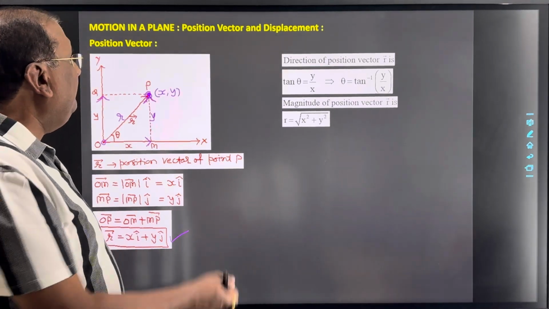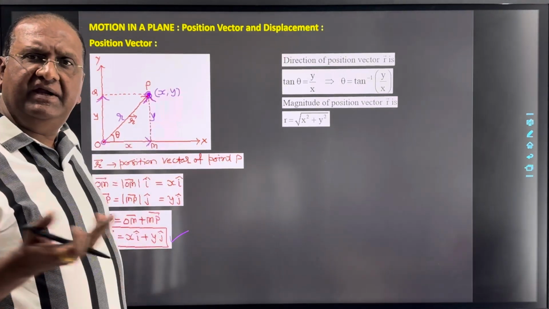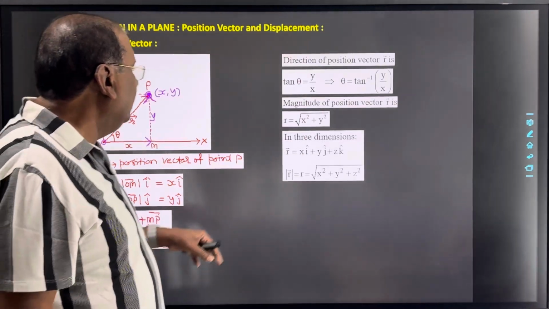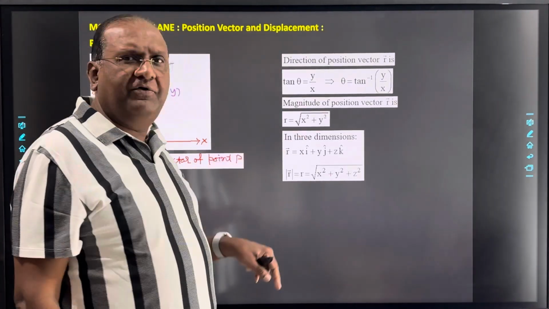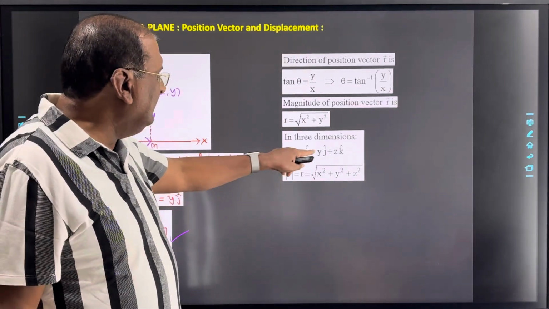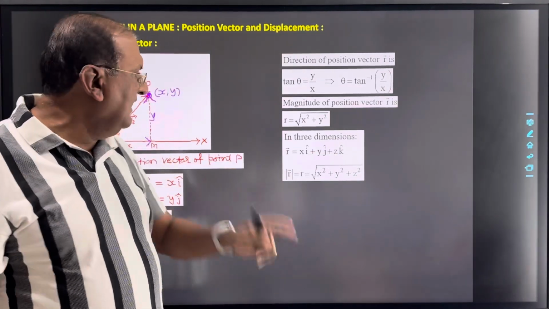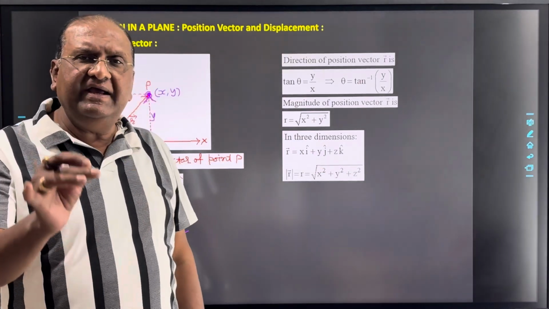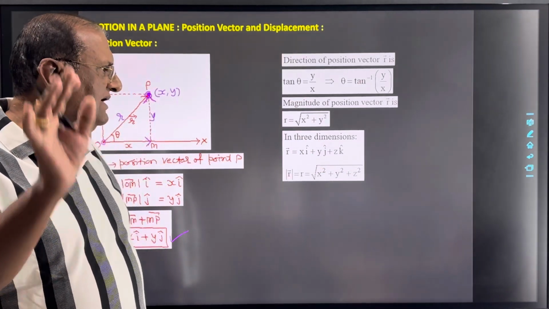Now, simply we can extend this to 3 dimensions. So, in 3 dimensions we can write position vector r for any point or particle as x i plus y j plus z k, and its magnitude we can write as under root x square plus y square plus z square.